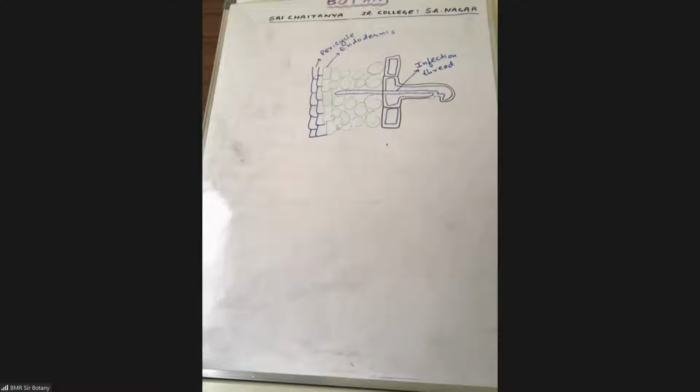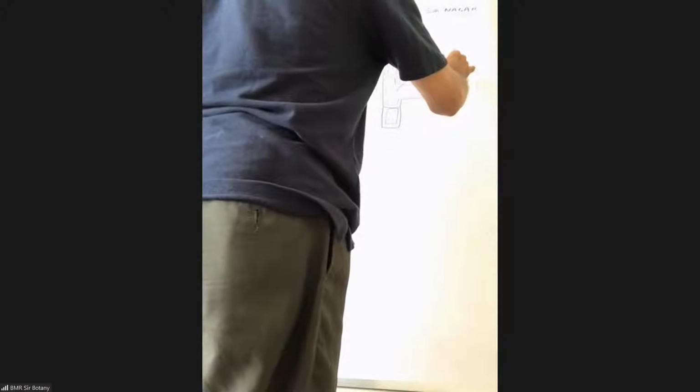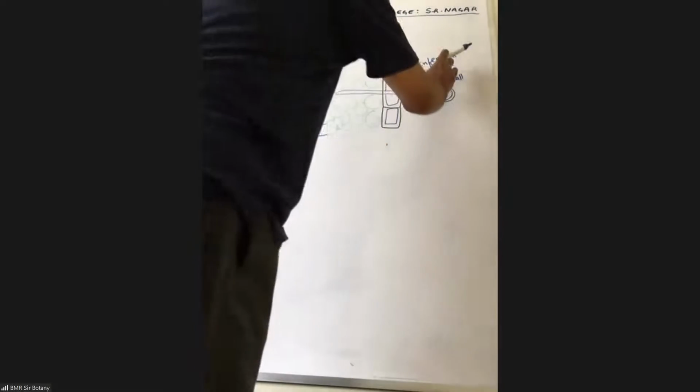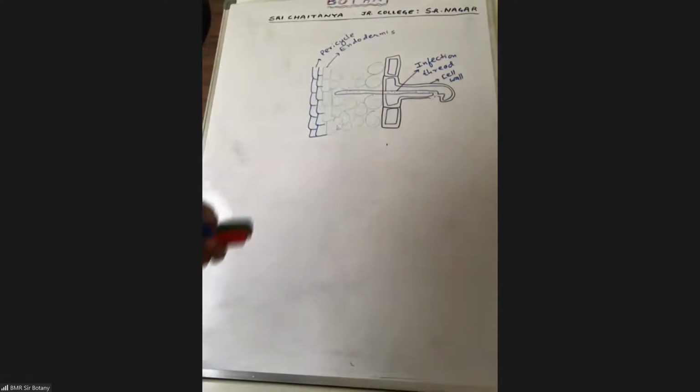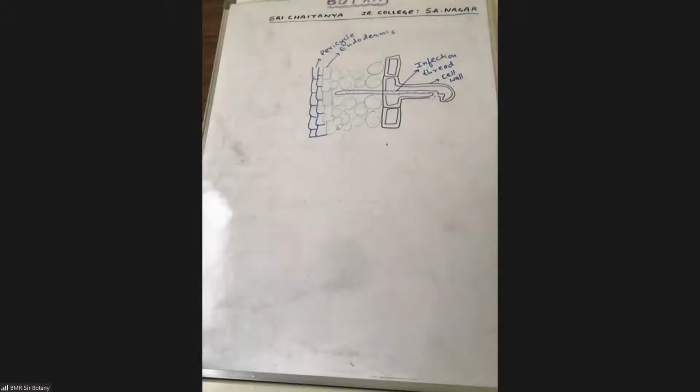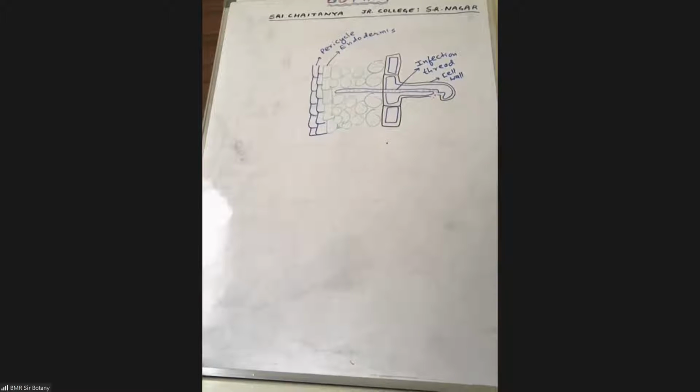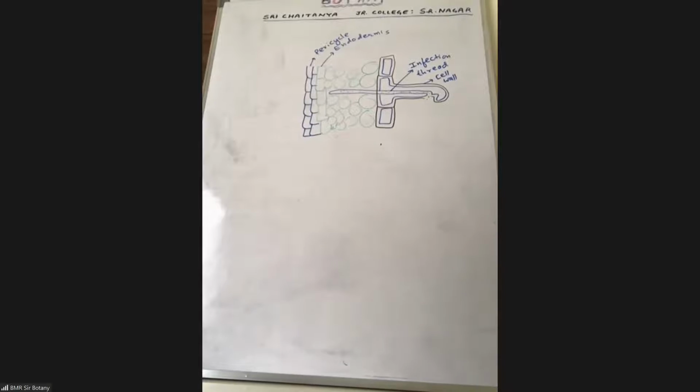What is the chemistry of the membrane of the infection thread? It in fact was an invagination of what, Nana? Able to see the diagram? Any problem? Able to hear me, Nana? Yes, sir. Okay. Right.